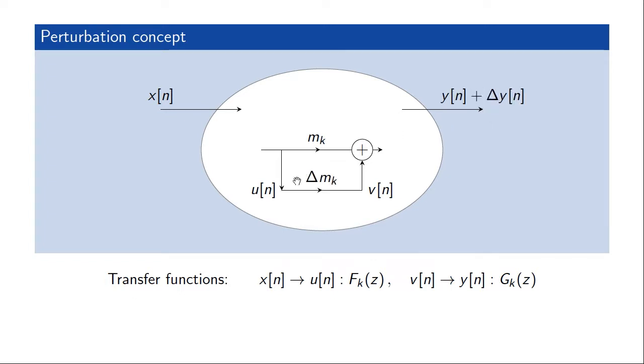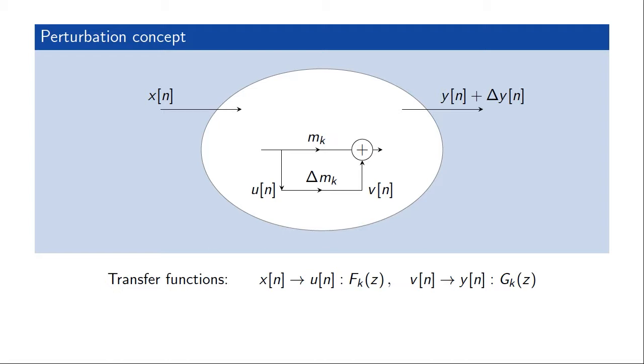And now, if we connect these two branches through the multiplication delta m_k, leading to this change in the output signal, it stands to reason that the change in the output signal should be the signal path from x[n] to u[n] times this change in the multiplication times the transfer function from this point to the output, since transfer functions multiply if we have a concatenated system.